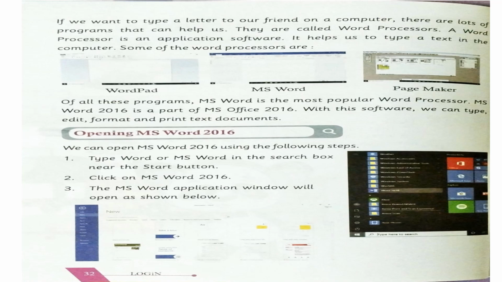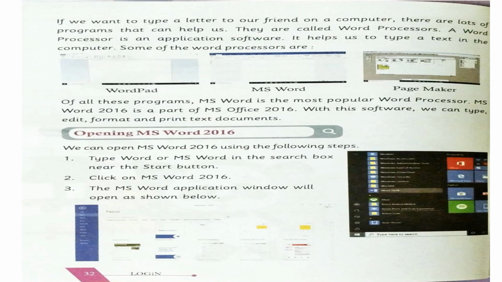MS Word 2016 is actually a part of a package. The name of the package is MS Office 2016. With this software, we can type, edit, format, and print text documents. So let's start Microsoft Word 2016. How to start Microsoft Word 2016?